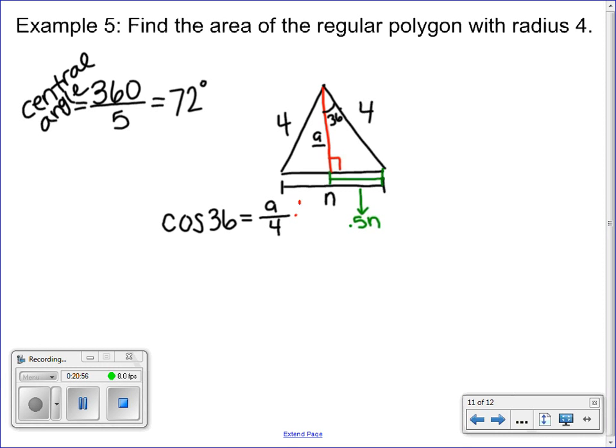To get the apothem all by itself, I multiply by 4 on both sides. So the apothem equals 4 times cosine 36. Type it into your calculator, round to the nearest hundredth, and my apothem is 3.24.